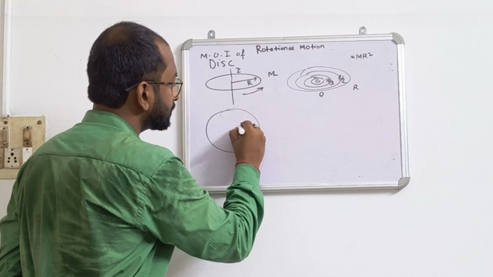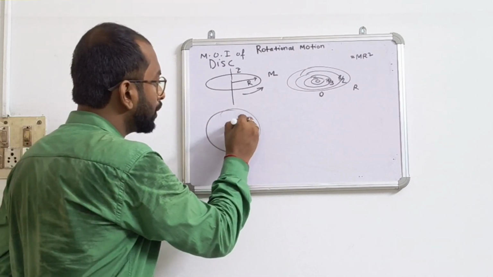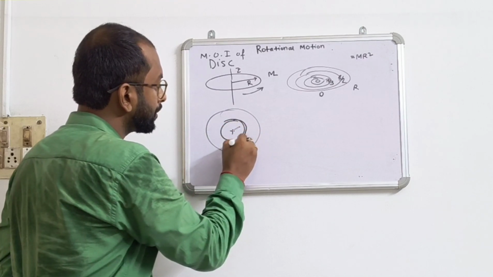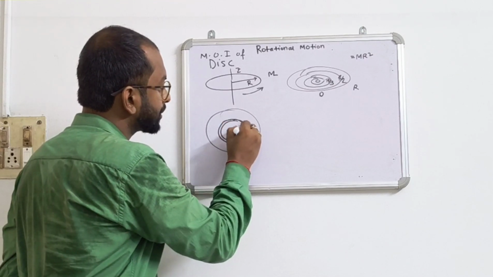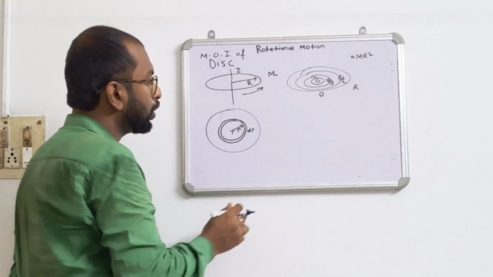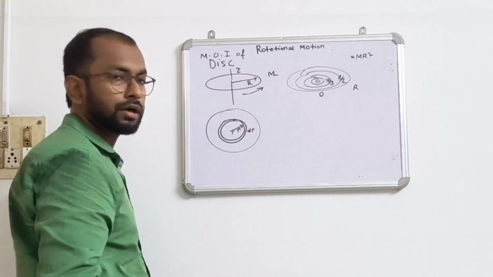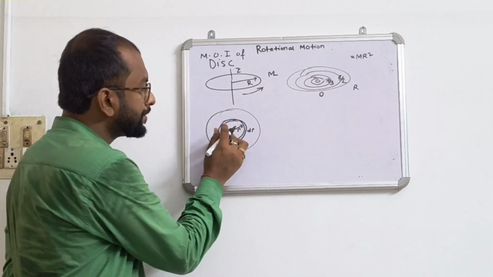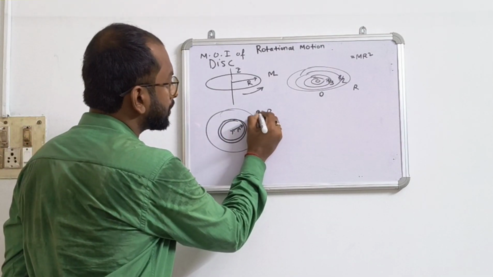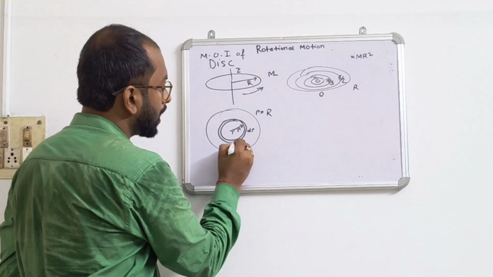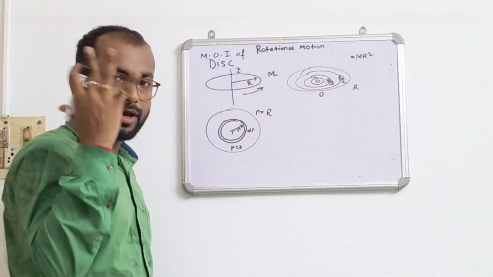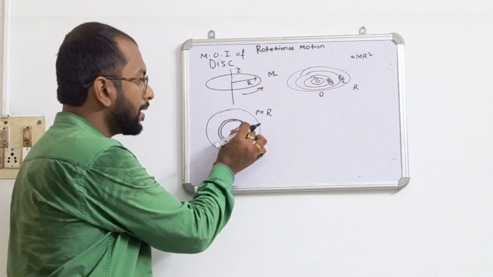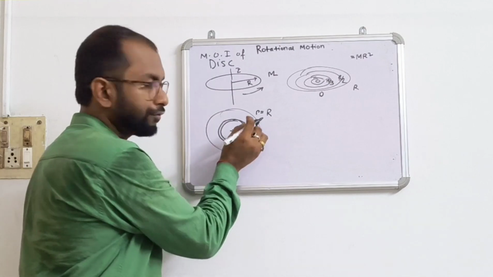Now see, I imagine one small ring which has a thickness of dr. At distance r, I am thinking about one small ring which has the thickness dr, and this r will vary from 0 to capital R. Now I am imagining a generalized ring which is at distance small r, with thickness dr, small.